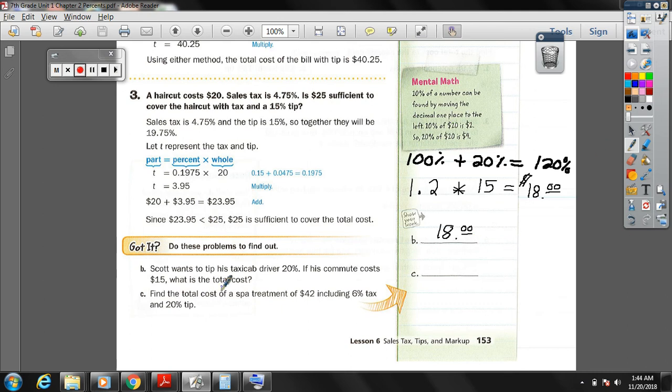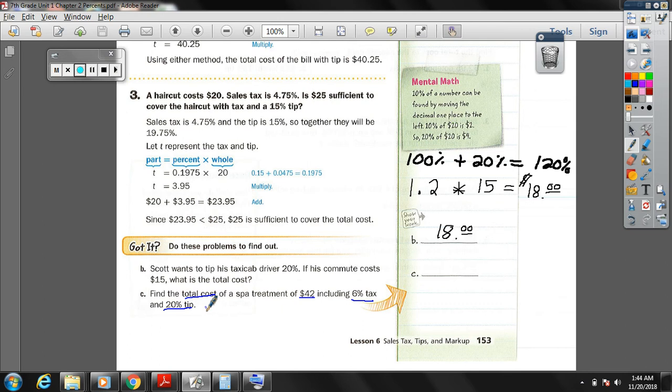Now let's go on to part C. For part C, find the total cost of a spa treatment of $42, including a 6% sales tax and a 20% tip. Once again, let's combine all of the percents together so we can do one multiplication.